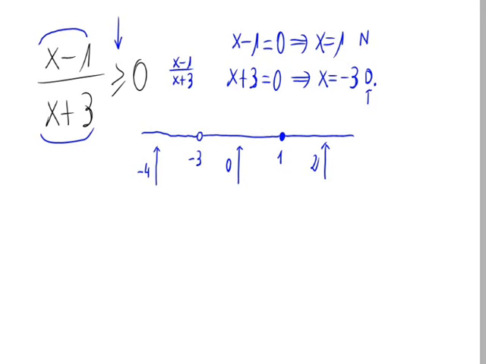As we can see, the straight line is divided in 3 intervals: from minus infinity to -3, from -3 until 1, and from 1 till infinity. The only number that gives us problems is -3, because it makes the denominator equal 0.